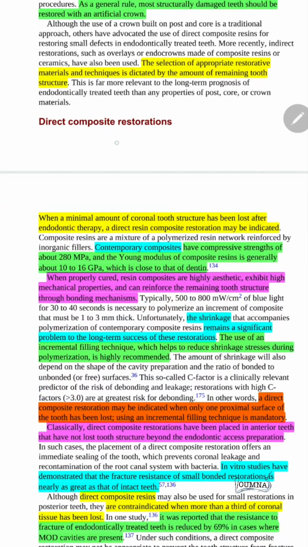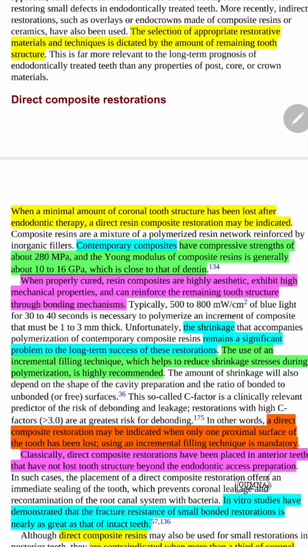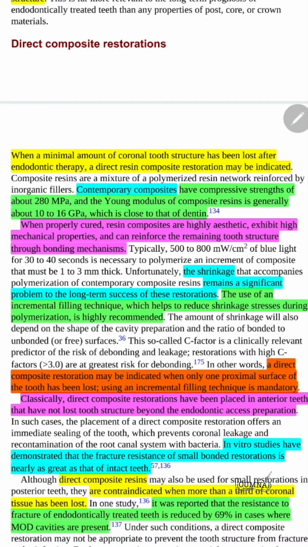The first is the direct composite restoration. We can do it when there is a minimal amount of coronal tooth structure, and with the new composite generations, the strength of it has reached the dentin's normal strength, which means that when the restoration is minimal, the comparison between an intact tooth and a restored tooth is the same.